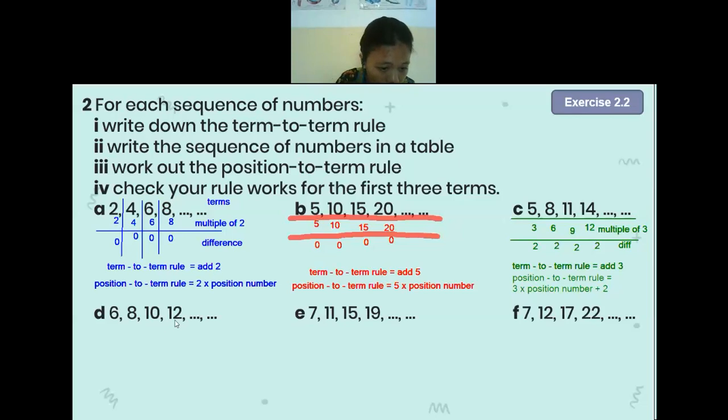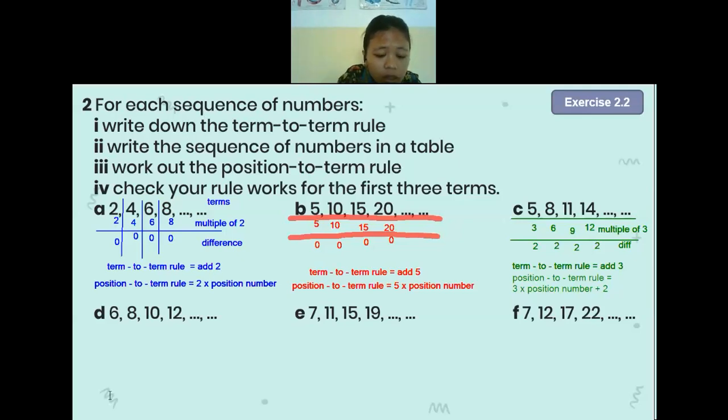Yes? Sorry, your voice is not really audible for me. Can you repeat again? For the C, the term to term rule is... Hello? Yes, the term to term rule is how many?